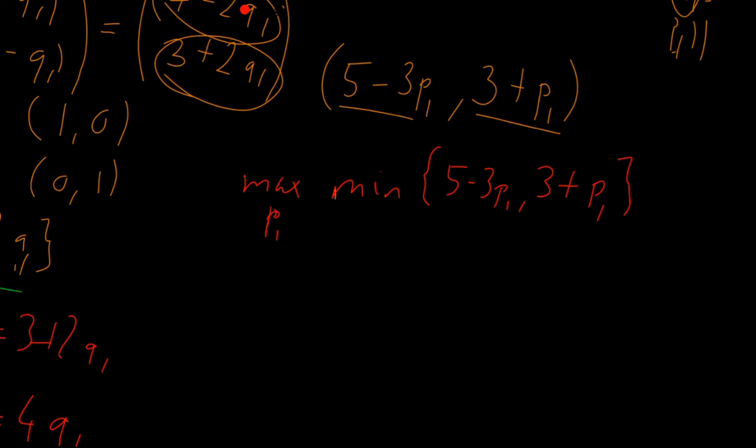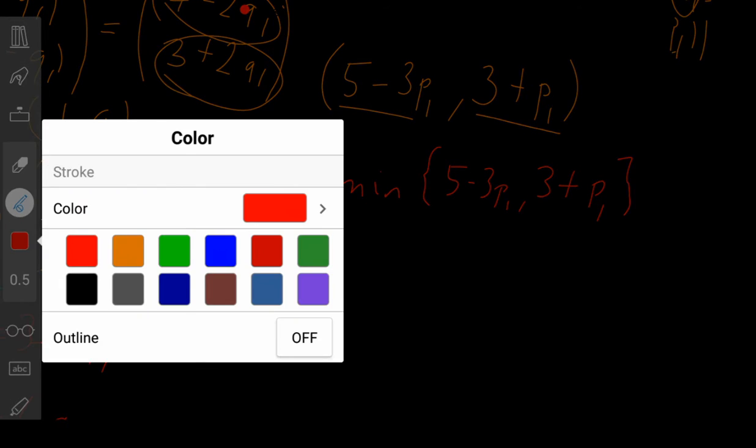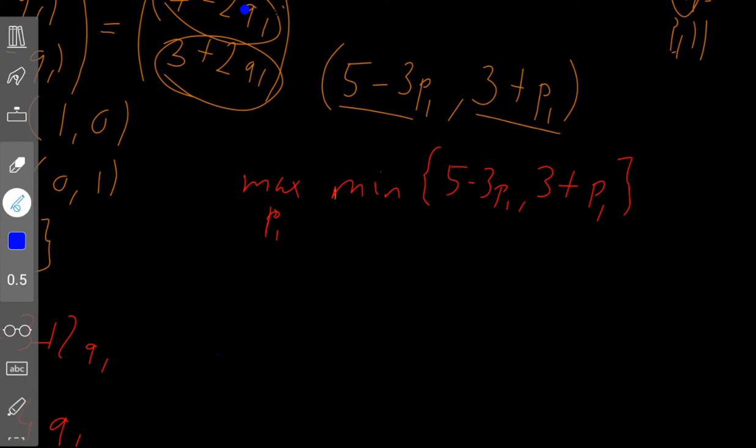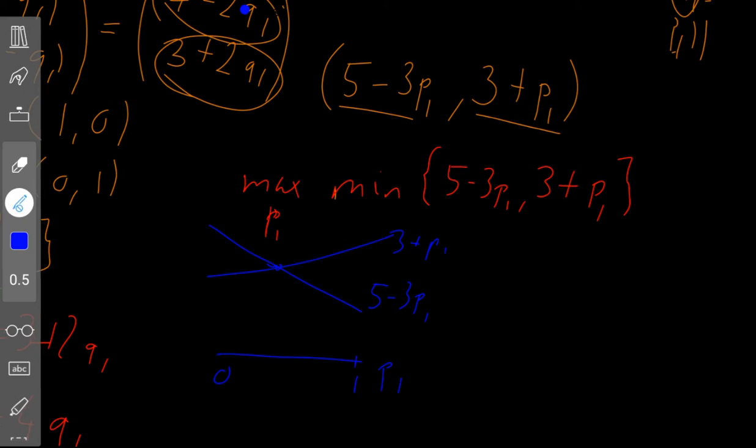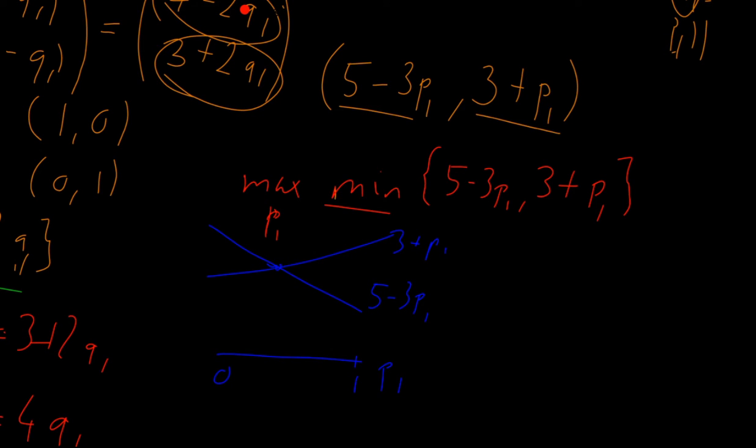And again, I can solve this in a graphical way because there are not too many variables, so 1 is definitely not too many. There is a line for 5 minus 3P1, and a line for 3 plus P1. These two lines actually meet, so it's okay. The minimum of these things is depicted here, and the maximum of these is there.